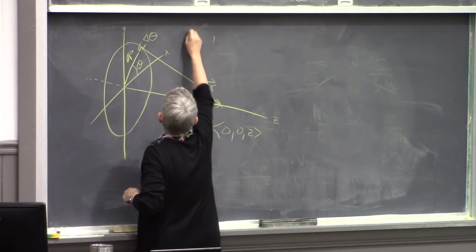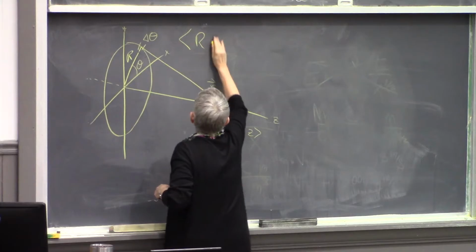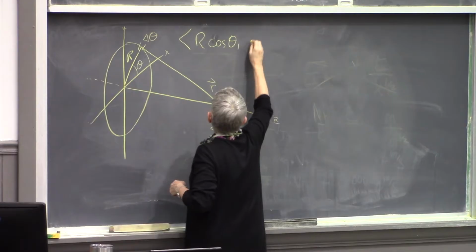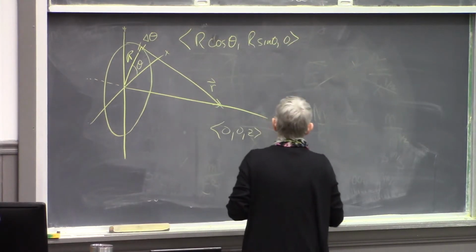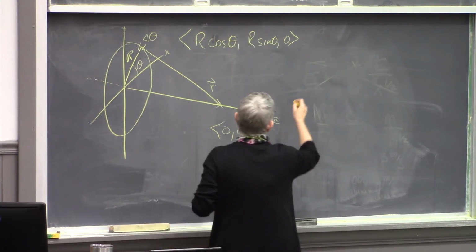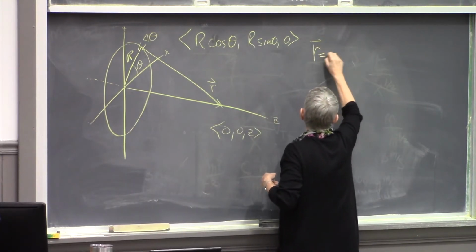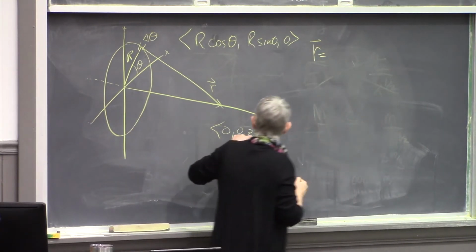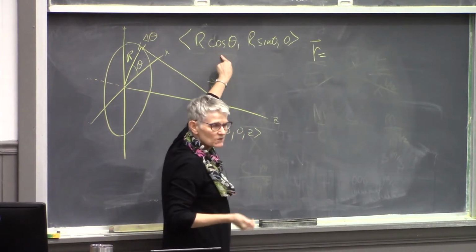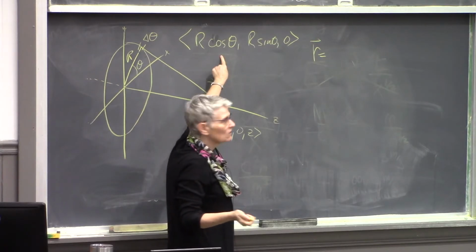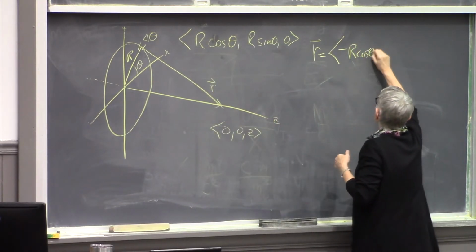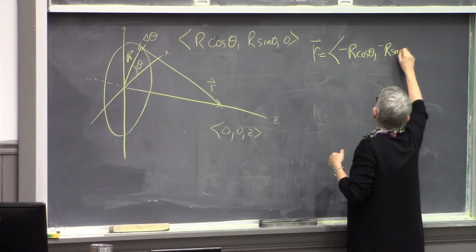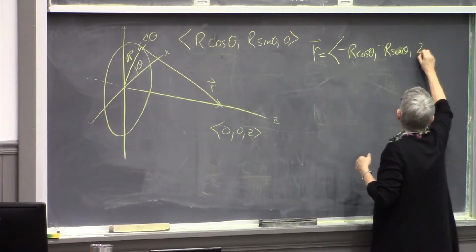So the location of our piece is now r cosine theta, r sine theta, 0, which means that the vector r is going to be 0, 0, z minus r cosine theta, r sine theta, 0, or minus r cosine theta, minus r sine theta, z.